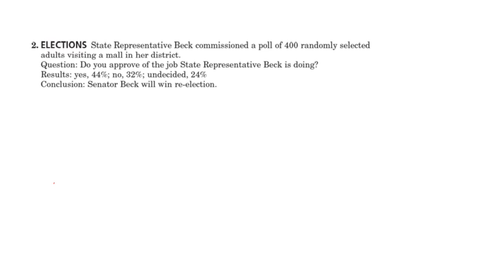So not all people in the mall may be in her district, and that might be the undecided or unsure. People may like her, like, oh yeah, she's doing a great job, but they don't live in her district, so they can't vote for her.